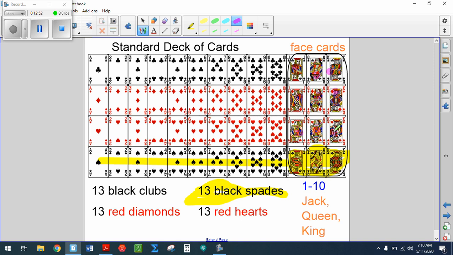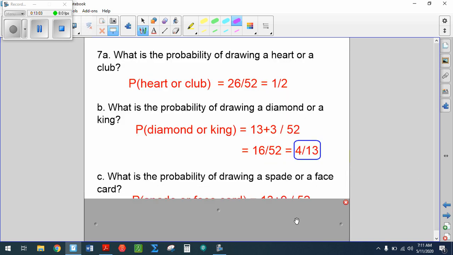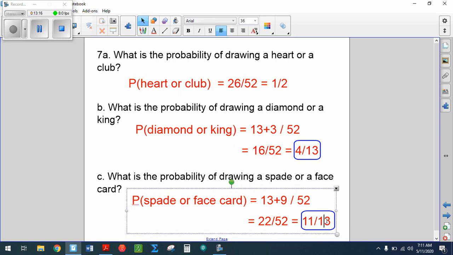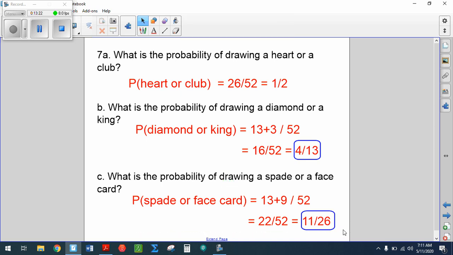So make sure you don't count those twice. So 13 plus 9 is 22. That simplifies to 11 out of 26. So 22 over 52 is 11 out of 26. And that's it for compound events.